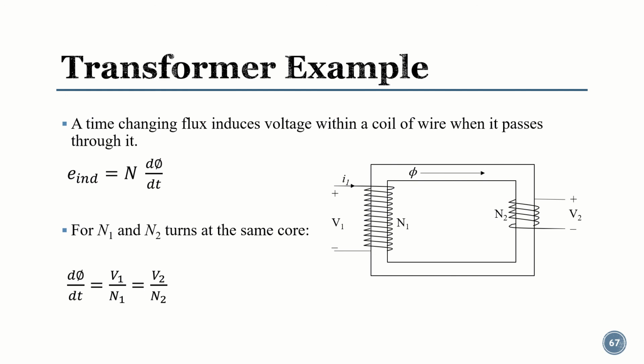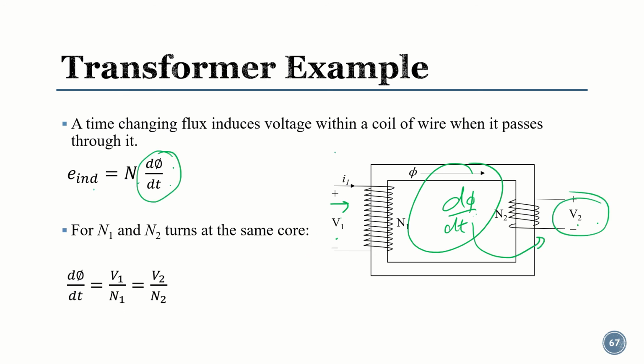Transformer, we know that the transformer has two terminals, the input terminal and the output terminal, or primary and secondary terminals. The general rule is the changing flux. If you are supplying current here, we have a change of flux, and this change of flux induces the voltage at the second end. The induced voltage is N times the rate of change of flux.